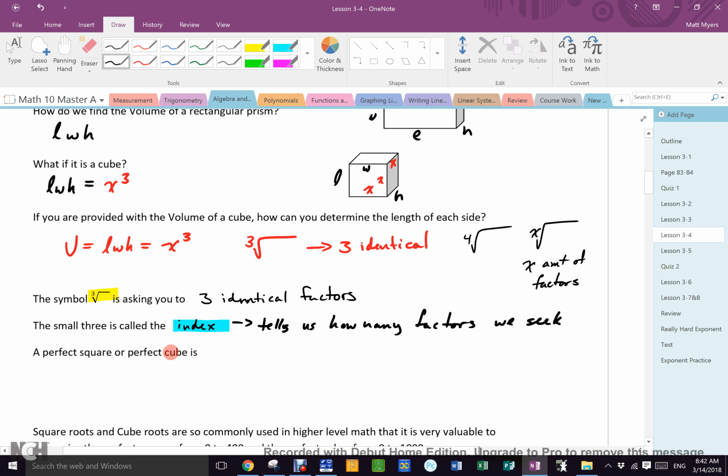Now, you have all heard the term perfect square or perfect cube. Actually, they both have this. A perfect square is any number with an integer square root or cube root.